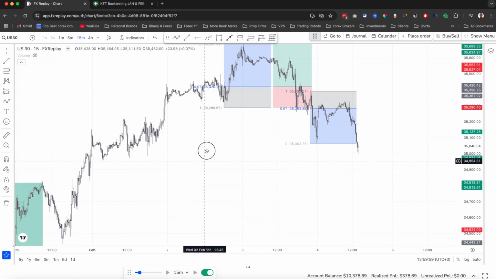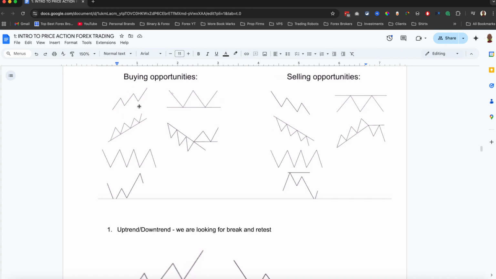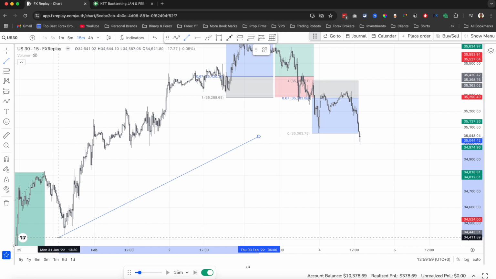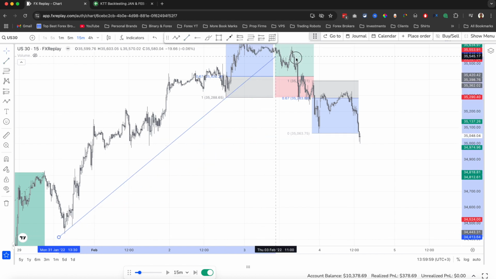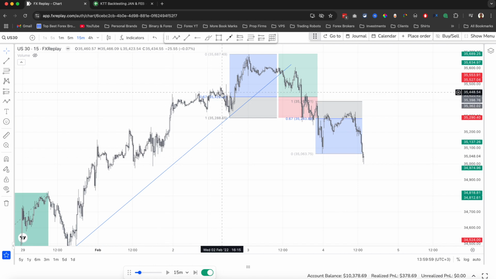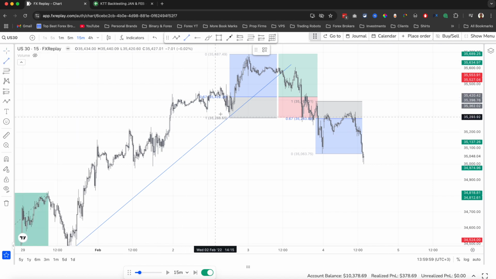So now this is the trend line. Let me show you. We are now looking at this. Because there was this trend line, the trend line has been respected twice, and then there was a break of this trend line.